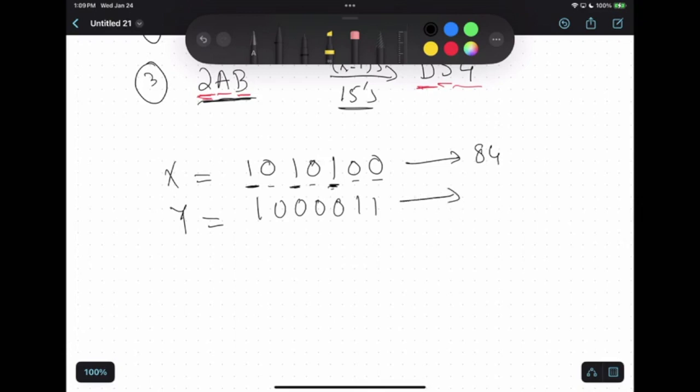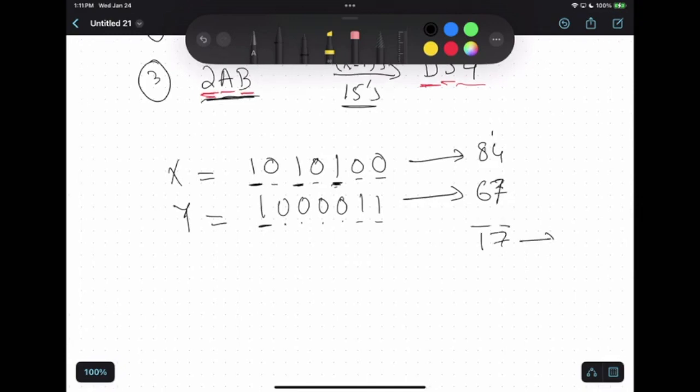What about this one? Here 1, 2, which makes 3, 4, 8, 16, 32, 64. So 64 plus 3 is 67. Now what you're doing is 84 minus 67. What would be the answer? 17. But how do you represent it in 8 bits binary?